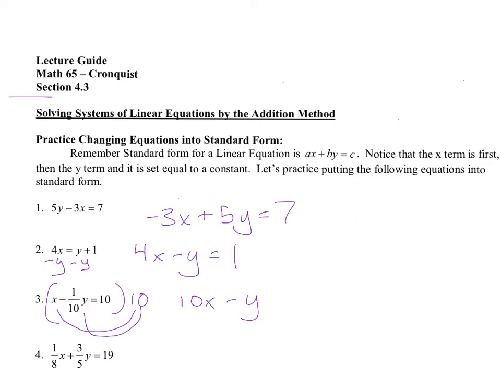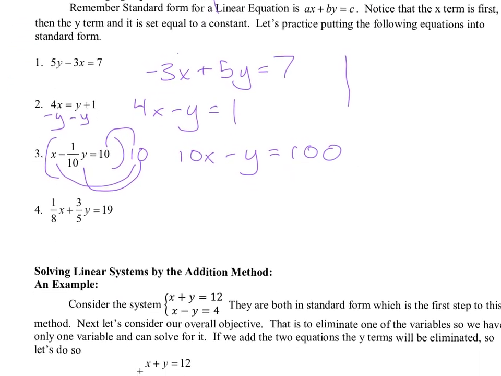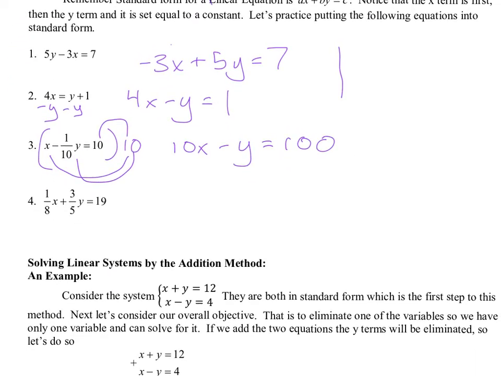And then 10 times 10 for my constant, so that becomes 100. So that is now in standard form. Sorry, I'm drawing lines all over it because I need to shift it, and I'm still remembering how to use this program.